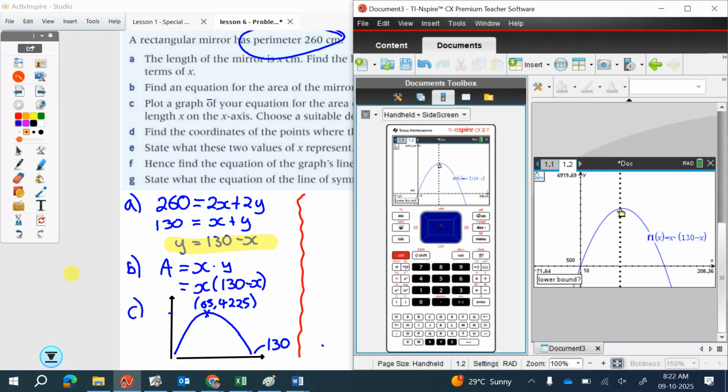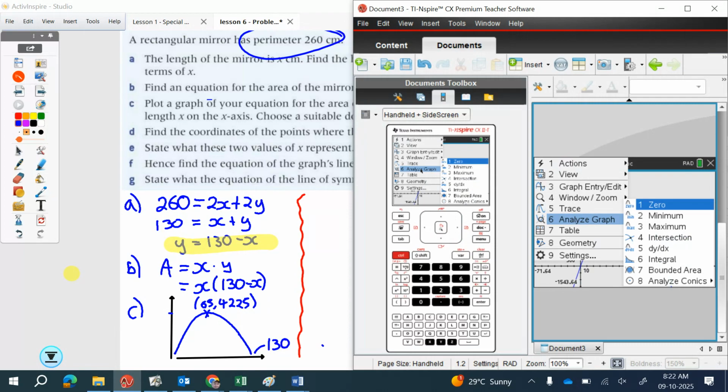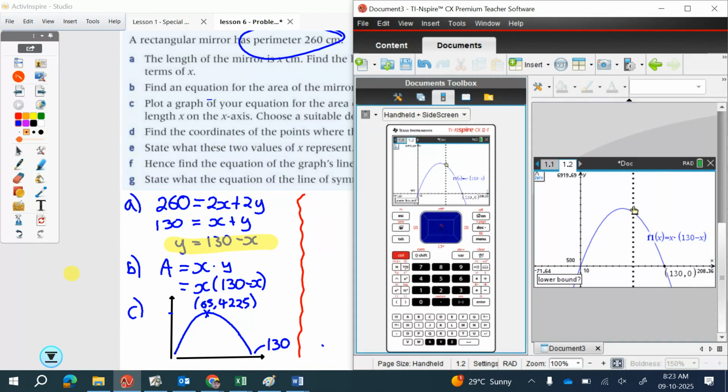We can show lower bound, upper bound. We can see that that one is at 130. Menu, analyze graph, find the zeros. Lower bound, upper bound. And that one is at 0, 0.